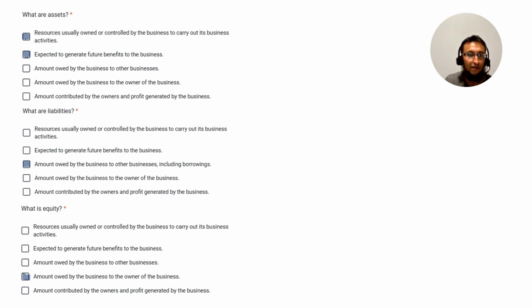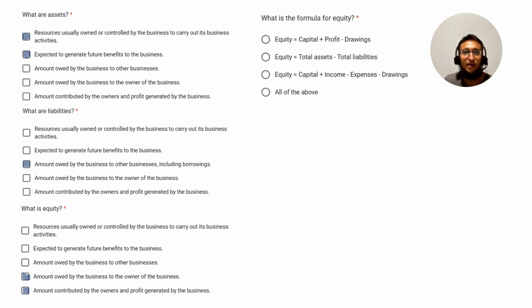And the next one, the amount contributed by the owner and profit generated by the business. All right, so these are the options that we have to select for the respective terms related to assets, liabilities, and equity. Okay, following that, let's look at some of the common formulas that we use for equity.